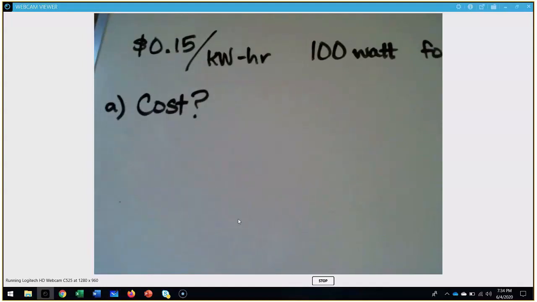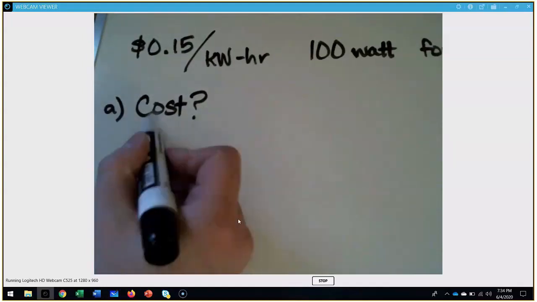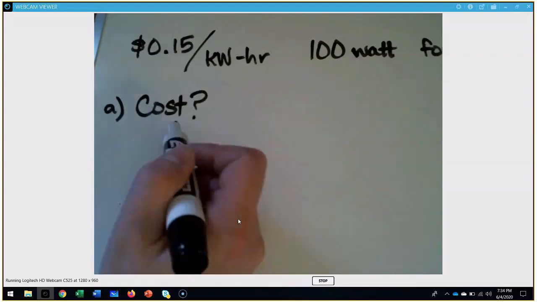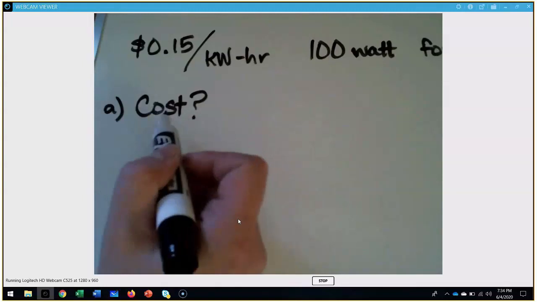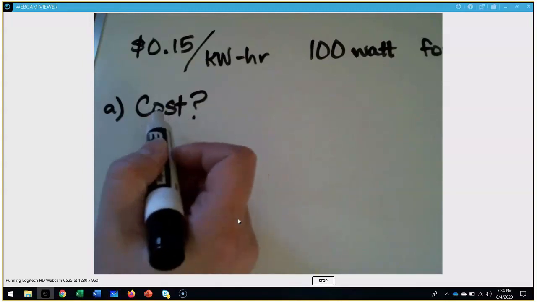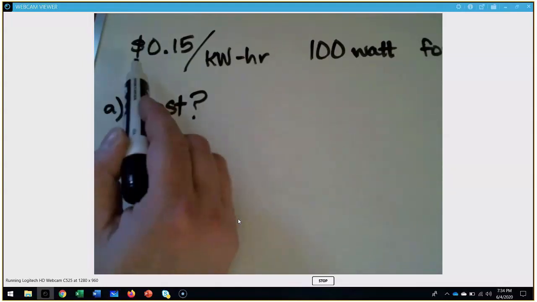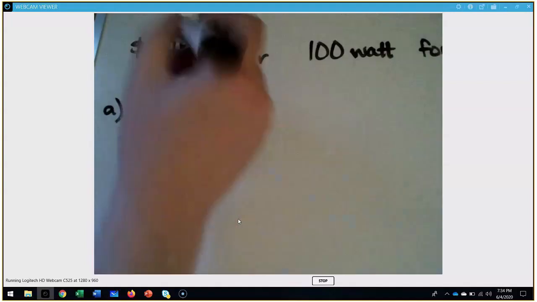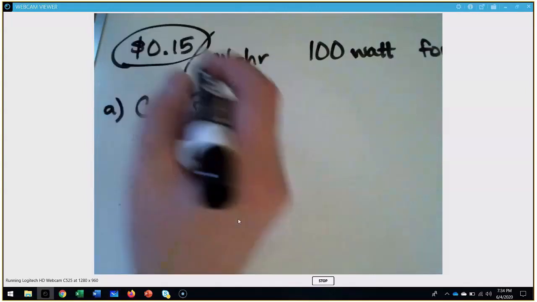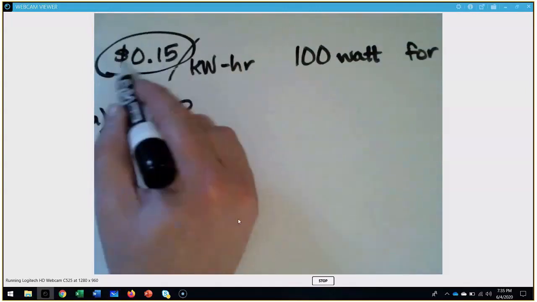If you have no idea how to start this, go to the question, find the information that has cost associated with it. This is what they want in the question, and this is what we're going to have to end with. So this is what we need to answer the question.